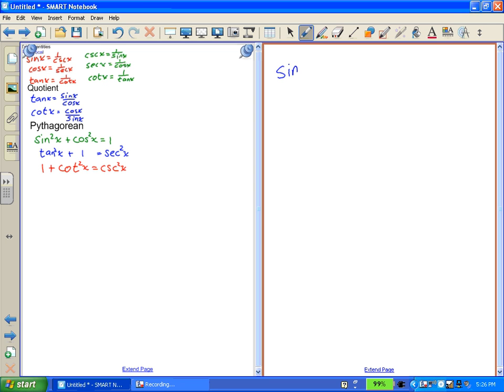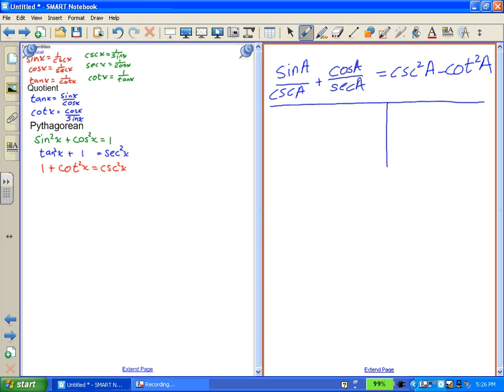Sine A over cosecant A plus cosine A over secant A equals cosecant squared A minus cotangent squared A. And again, I'm going to use my T diagram so that I keep the two sides separate in case I have to do something on both sides.